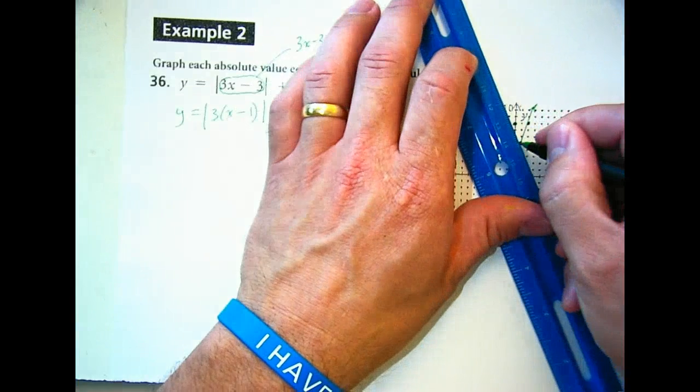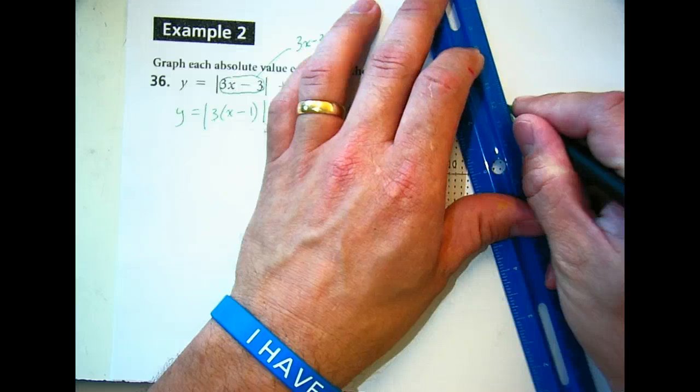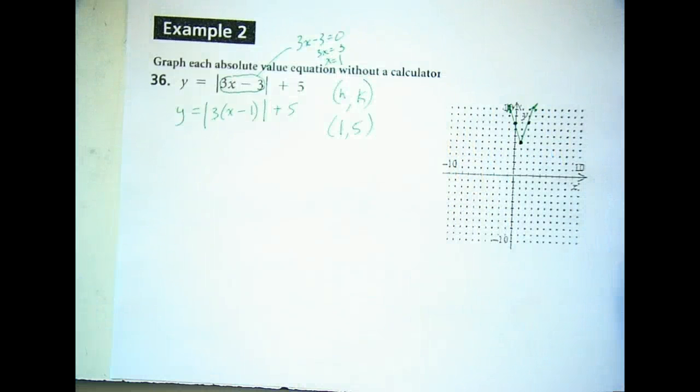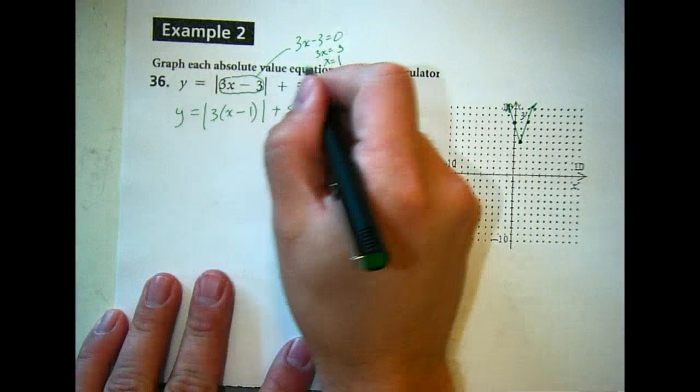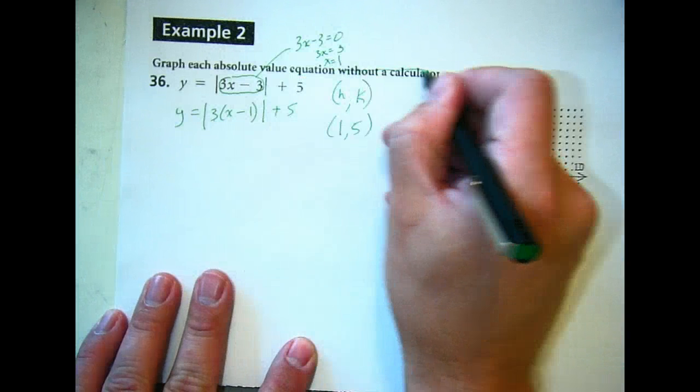From what we've done today, hopefully you're pretty good with absolute value. You know, with HK, know what each part means. If you're like, I don't know what that is, then we need to talk. You'll notice on the bottom part where 36 through 41 says use your graphing calculator, you can just cross this part out.